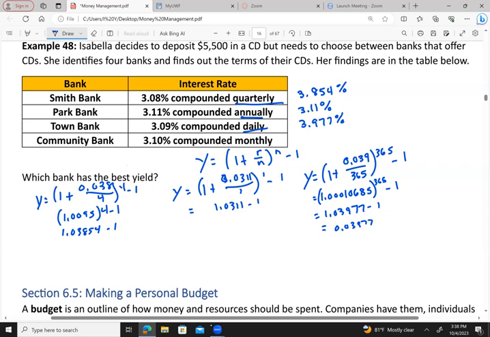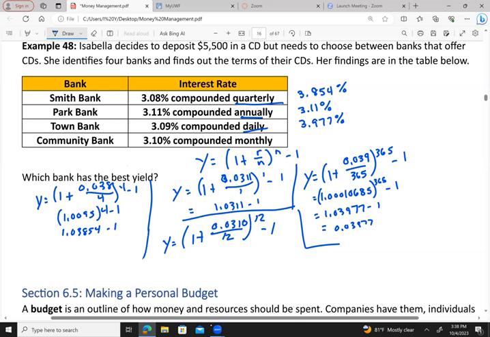Okay, now we have a monthly. Our yield is (1 plus 0.0310 over 12) to the 12th power minus 1. So take 0.0310, divide it by 12, add it to 1. I get 1.002583.